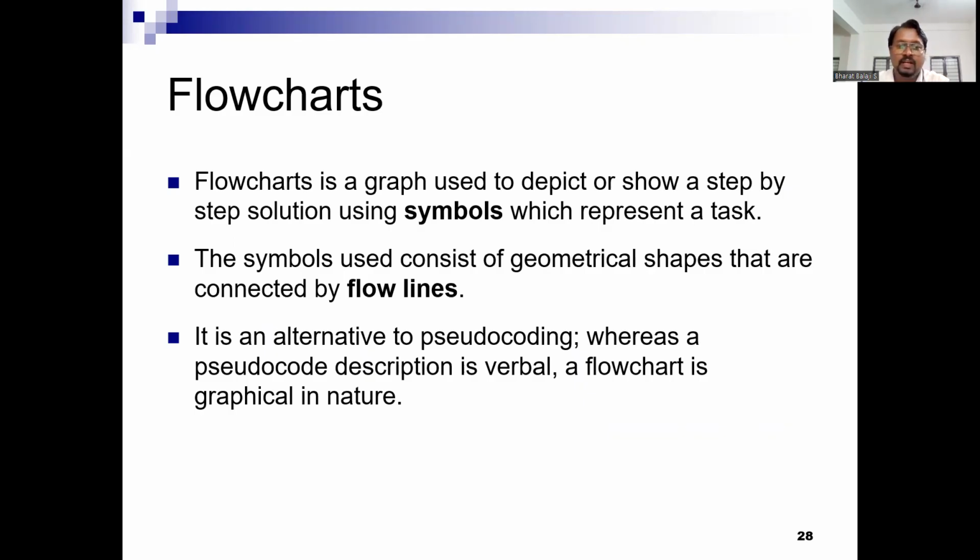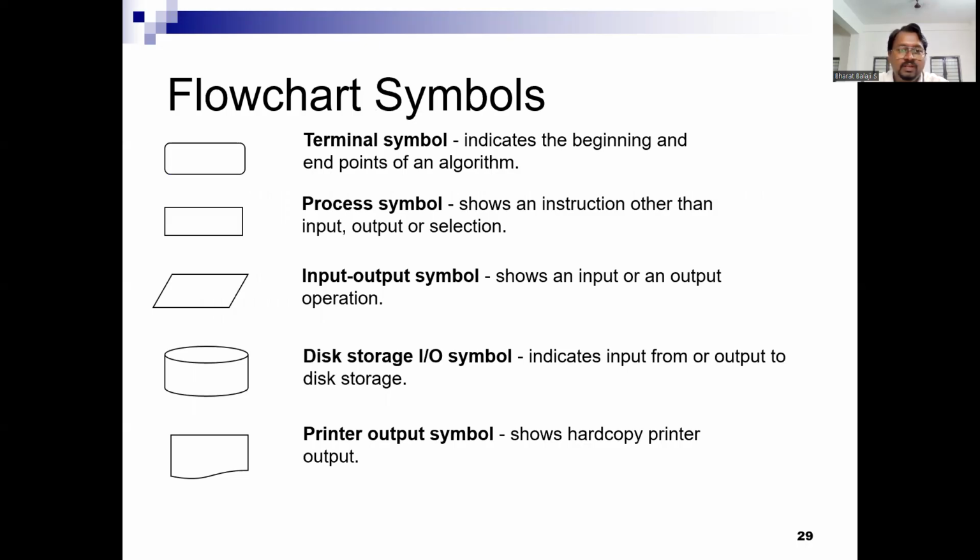It is an alternative to pseudocode, whereas a pseudocode is a verbal description, a flowchart is graphical in nature. These are the terminal symbols. The process symbol is a rectangle, the input/output symbol is a parallelogram. Data storage is represented by a cylinder, which indicates disk storage.